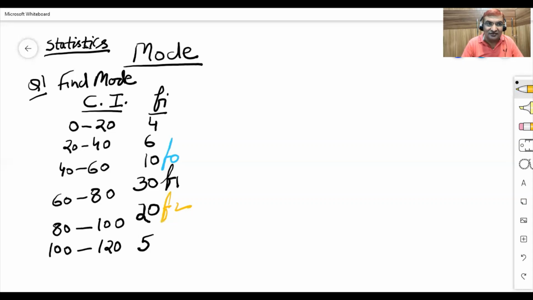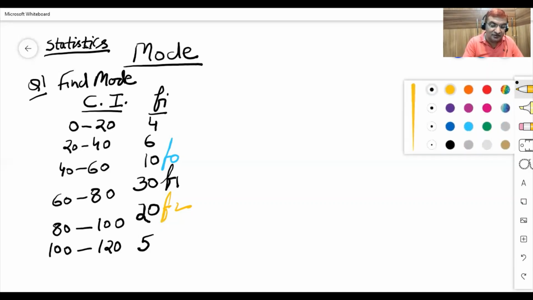F1 से आगे वाली जो frequency है, the next one to F1 is known as F2. So students, the first interesting thing to understand is the calculation of F1, F0 and F2. I hope आपको ये सब clear हो गया होगा कि जो सबसे बड़ी value है that is known as F1, उससे पहले होता है F0, उससे next होता है F2.